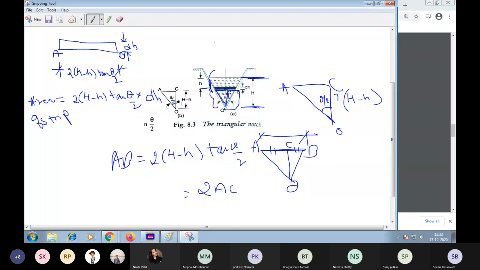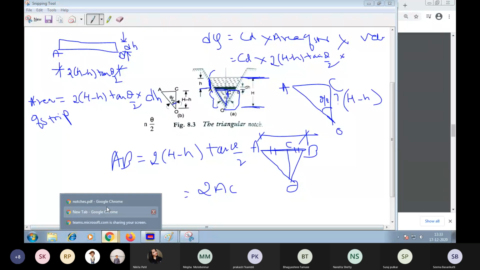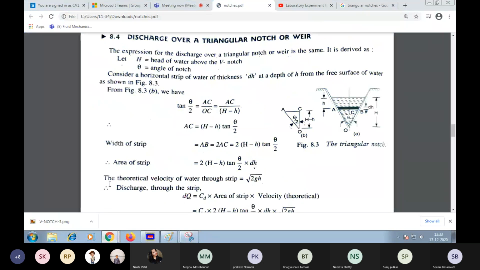Now how are you going to write the dQ value? CD into the area of the strip multiplied by the theoretical velocity. So CD will remain as it is. What is the area of the strip here? It is 2 times (h minus h tan θ/2) multiplied by the theoretical velocity, which is square root of 2gh.